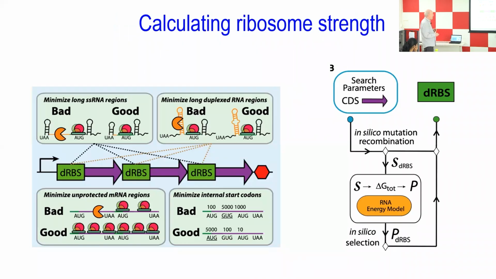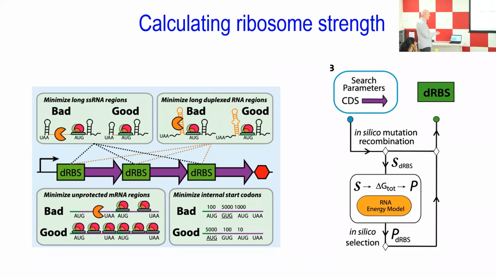The same story goes for calculation of ribosome strength. Ribosome strength means that the ribosomes bind very strongly to the ribosome binding site, and therefore translation goes much, much better. But it's not only the binding of the ribosome to the ribosome binding site. It's also obstacles that the ribosome may find in its way through the open reading frame, through the gene.